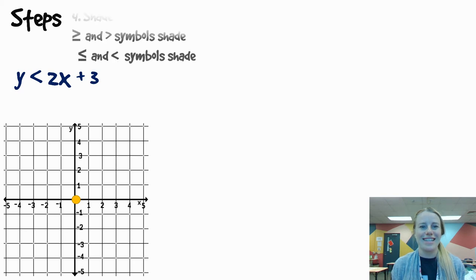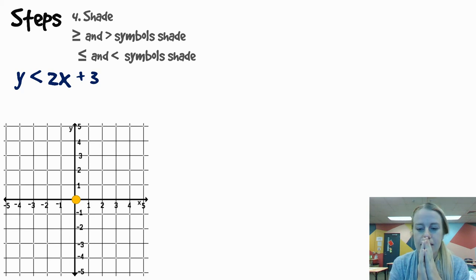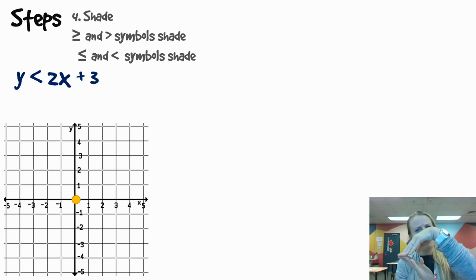All right. Step 4, this is where we are shading. This determines which side we're shading on, and it is which way the arrow is pointing. Remember the alligator eating the bigger number? This time, instead of looking at that, we're going to be looking at where it's pointed.